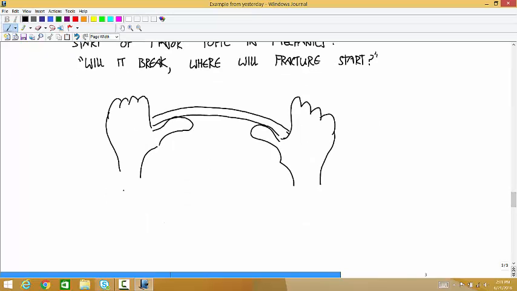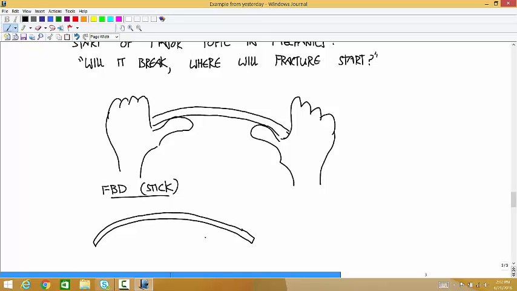And if you look at a free body diagram of this stick, it would look something like this. You'd have forces like this, and forces like this.